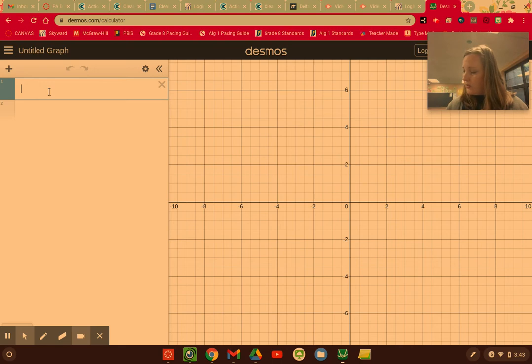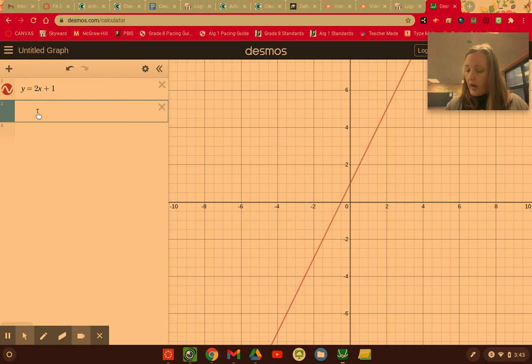Now here, look, you can put in any linear equation. Y equals 2x plus 1. Okay, it graphed it for me, right? And I'm going to put in the next one. Y equals 7x plus 8. Oh, now look at this. The blue line is the line that's made by this equation. This equation is the equation of the blue line.